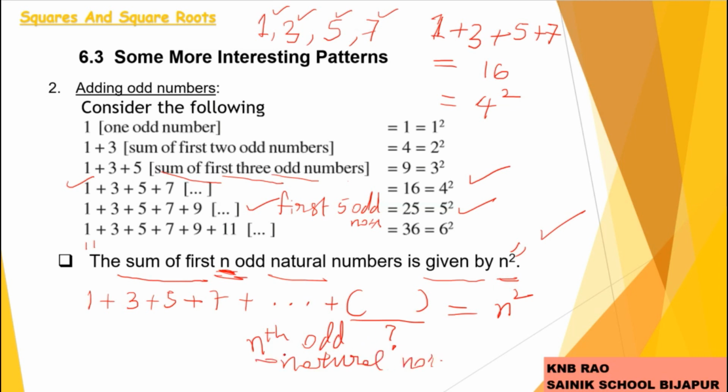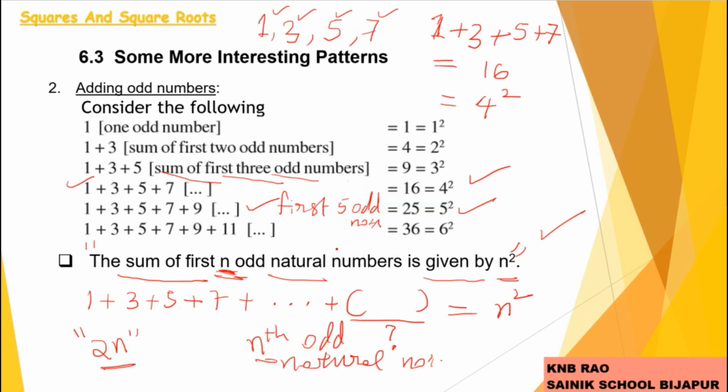So children, we have learnt in our lower classes 6th, 7th, 8th, 2n represents an even number. You take n as any natural number and multiply by 2, you will get an even number only.